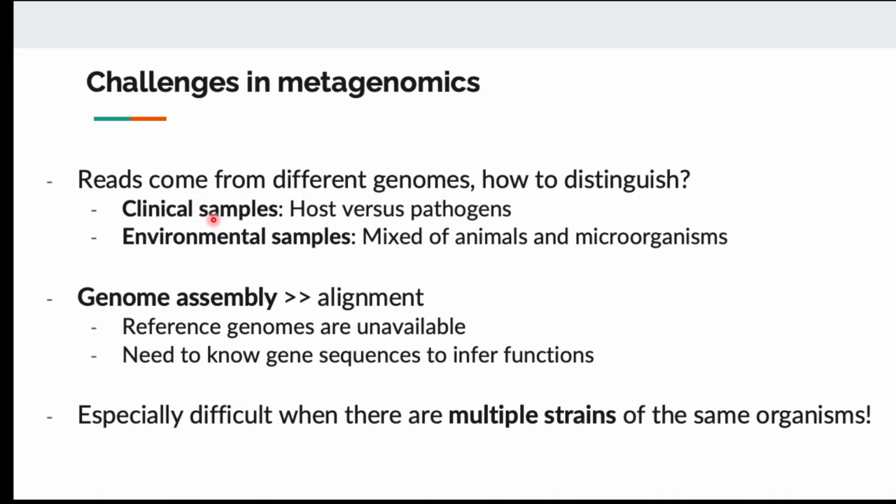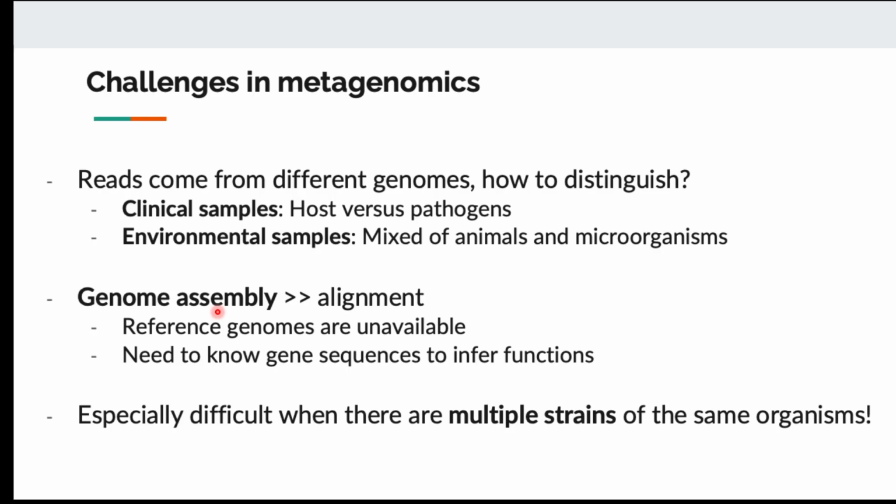So in the clinical situation, usually it's just human or host versus the pathogens. But if you are studying environmental sample, now you start to have a mix of animal DNA in the environment and also the microorganisms. So you can have hundreds of sources of DNA in a single sample.